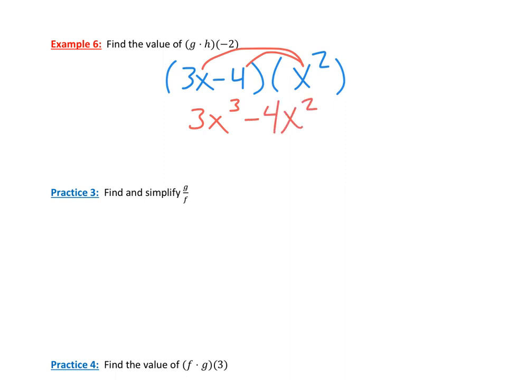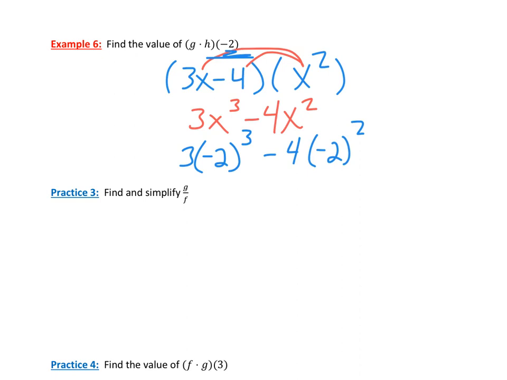But again, I'm not done because I actually have to plug this number in. So I will now plug my 2 in. 2 times, no, I'm sorry, it's a negative 2 even. Misread it. Okay, so we've got 3 times negative 2 to the third minus 4 times negative 2 squared.